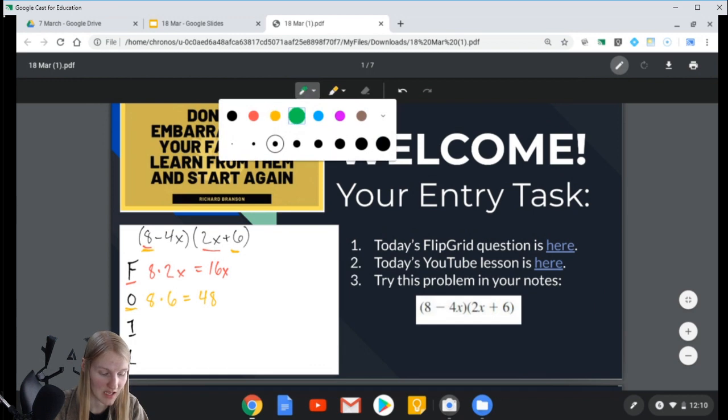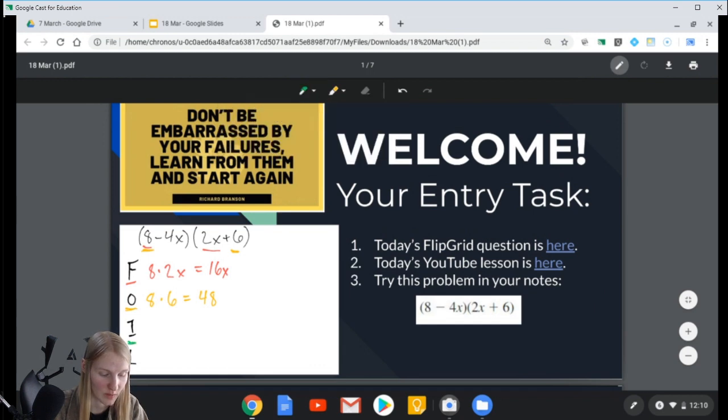Next, we have inside, which means, you guessed it, the two terms on the inside by the two parentheses touching each other. So this will be negative 4x times 2x.